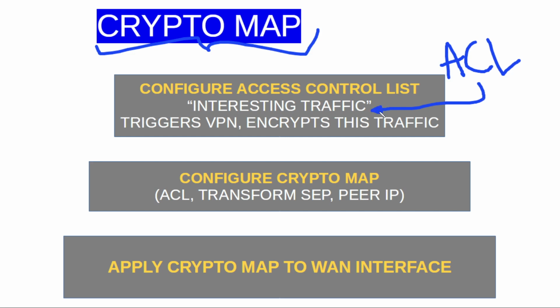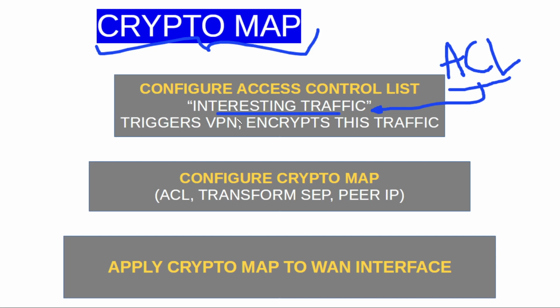So given this VPN is attached to a wide area network interface, some of the traffic that is going to travel to the wide area network interface is going to be encrypted and protected by IPsec, and some other traffic will not be encrypted. So in order to define what is the traffic that is going to be encrypted, we are going to need this ACL that defines this, that we are going to call interesting traffic.